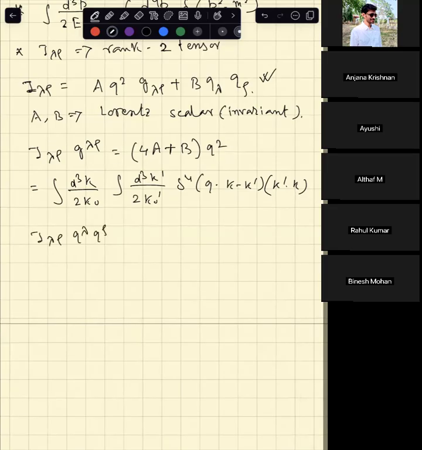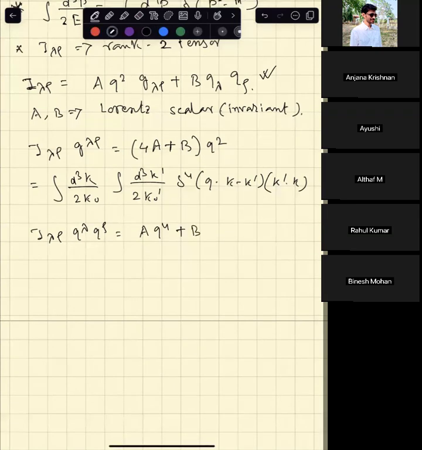From the A term, because g lambda rho is there, this will generate a q square, so I get q to the power 4, and then from the B term q lambda q lambda will be q square, so we'll get B times q square and then another q square.